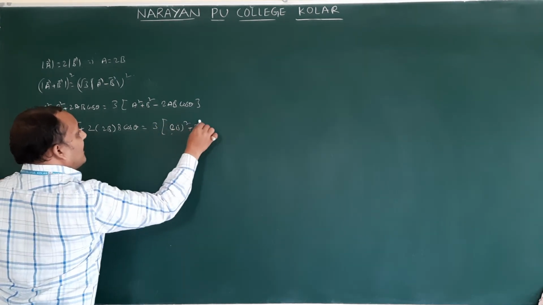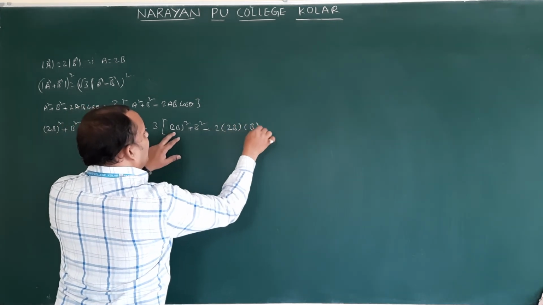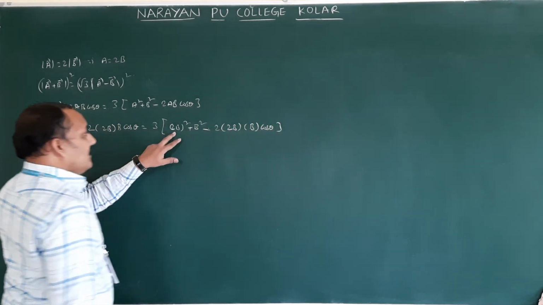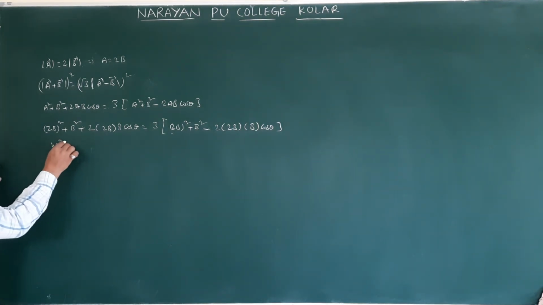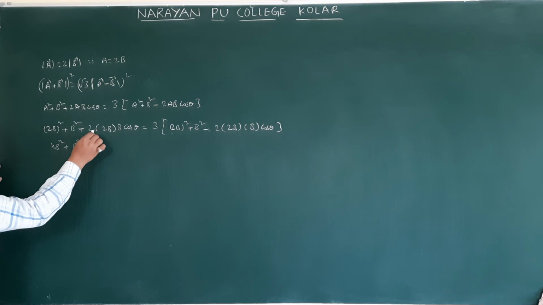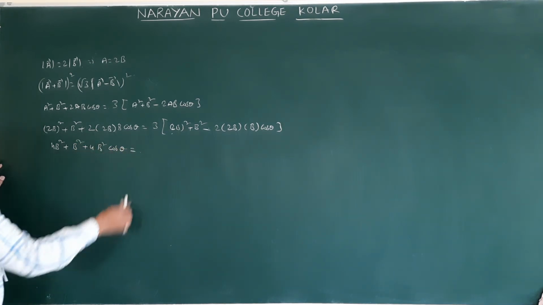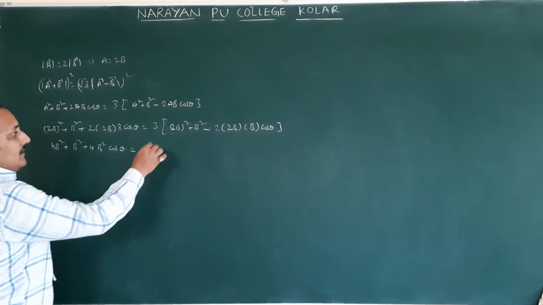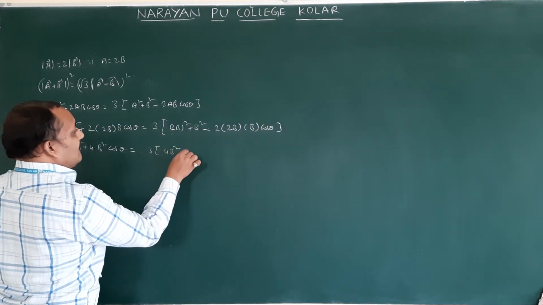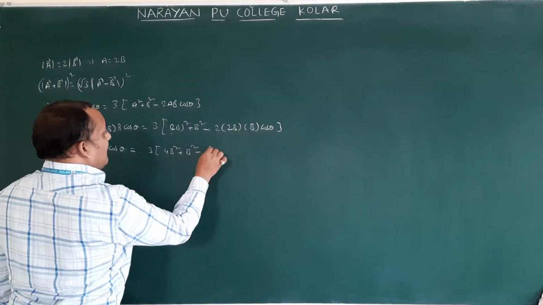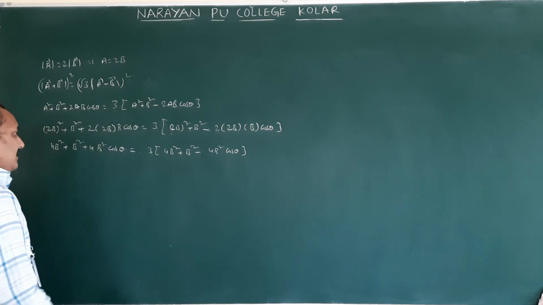2B whole square plus B square minus 2 into 2B plus B cos theta. Here (2B) square means 4B square plus B square, minus 2 into 2 into B times B, that is 4B square cos theta, is equal to 3 times (2 whole square, 4B square plus B square minus 4B square cos theta).